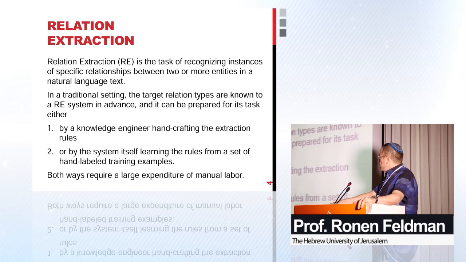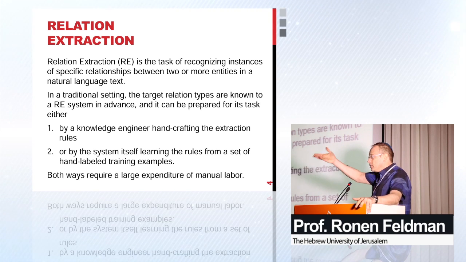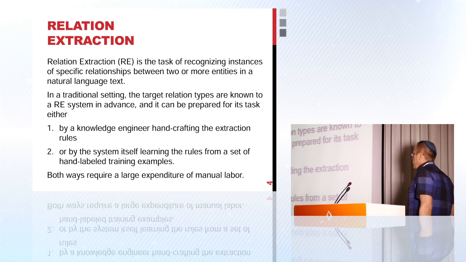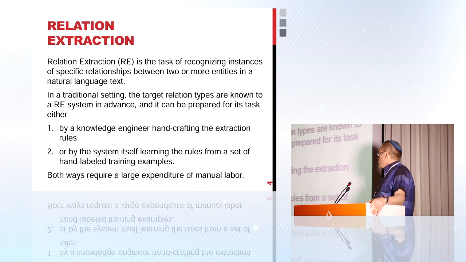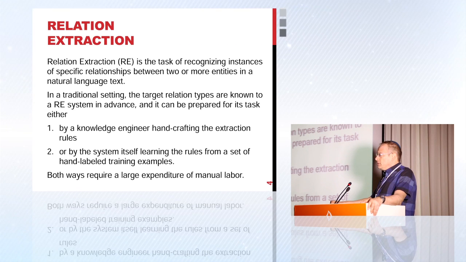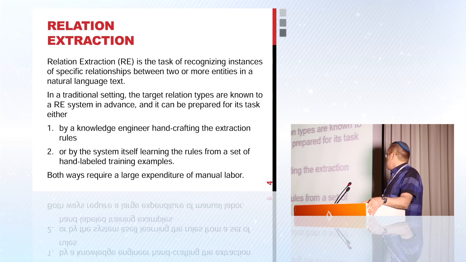One example is ClearForest, a company that I founded, which is now part of Thomson Reuters, and Open Calais, which people may be familiar with. And the other option is to use supervised learning. You give a lot of training data, and then you learn from the labeled examples.